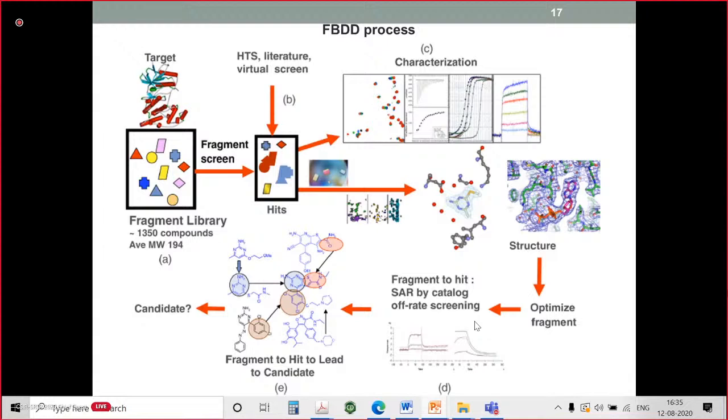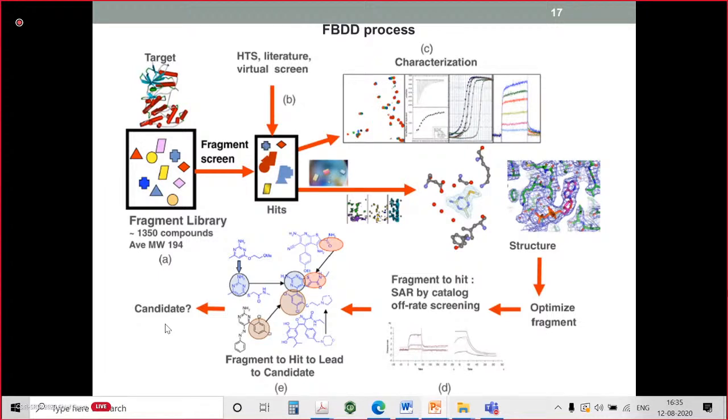Finally, based on the same characterization, one can identify the lead molecule which has higher affinity and potency in a nanomolar range. So this is the formal process of fragment-based drug design.